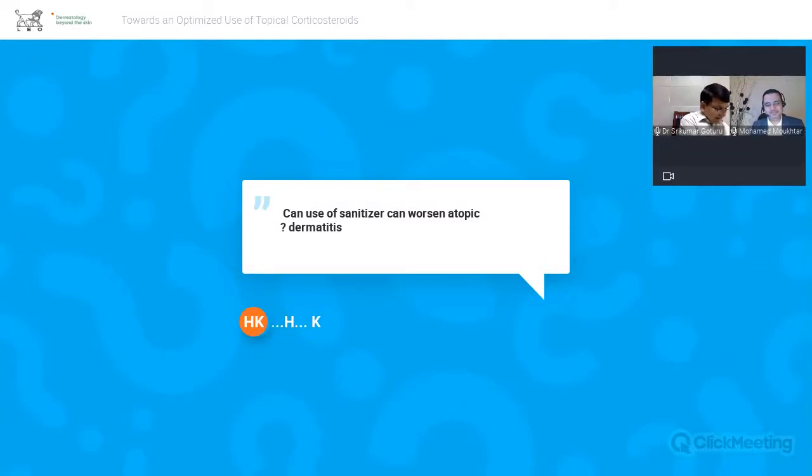And the issue here is that we need to be very sure that we do not end up aggravating our hand dermatitis by using hand sanitizers indiscriminately. That is not to say that you don't use it in this COVID era. That is only to say that you need to make sure that you use it appropriately. That's all.